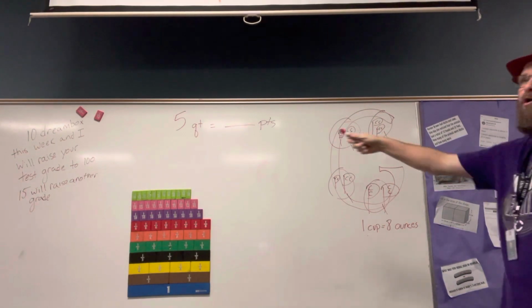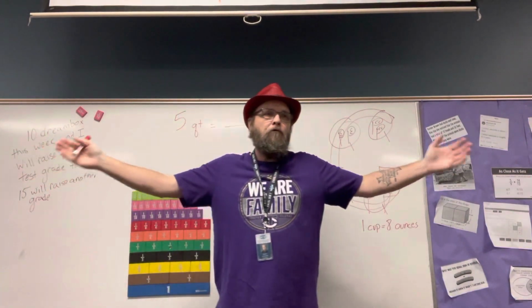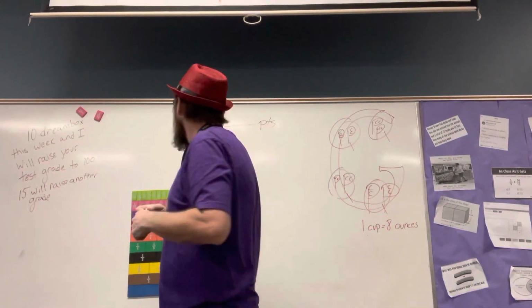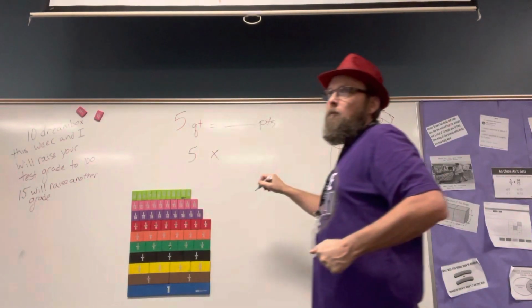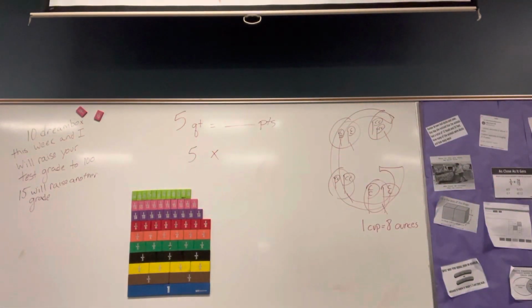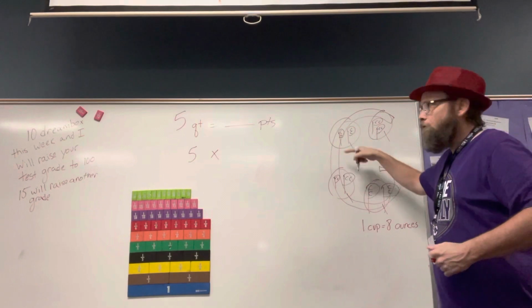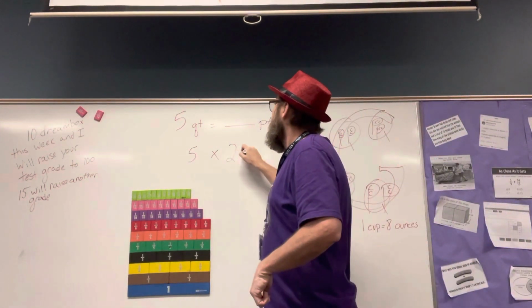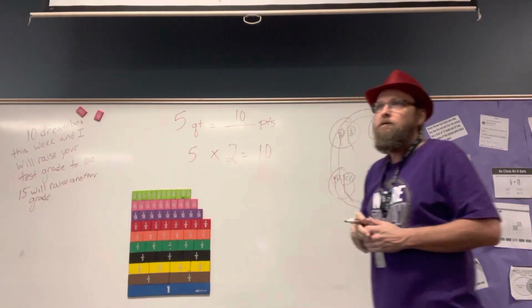Big to small, because quarts are bigger than pints. So we're going from bigger to smaller, which means we multiply the number of quarts times, Ava, how many pints are in each quart? Well, here's a quart, 2. So 5 quarts equals 10 pints.